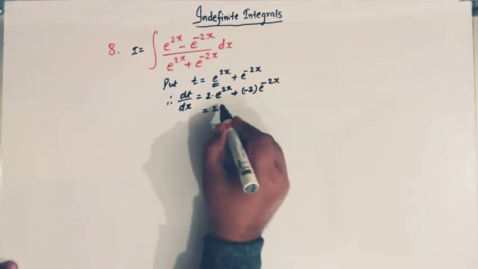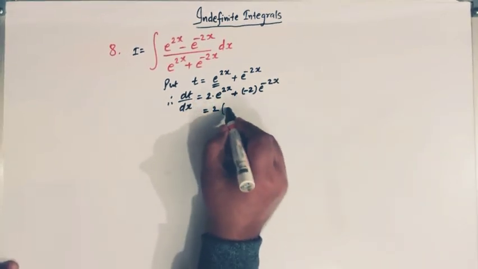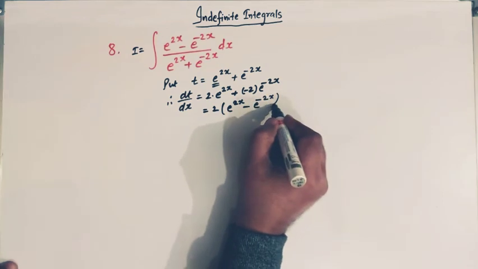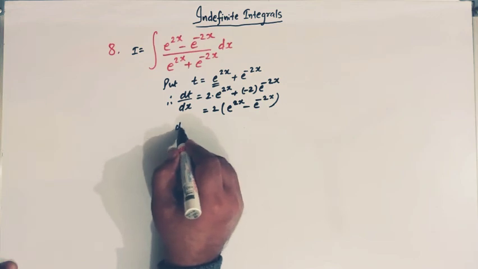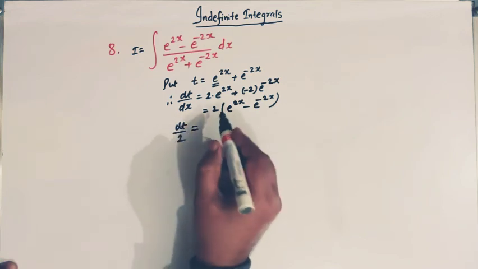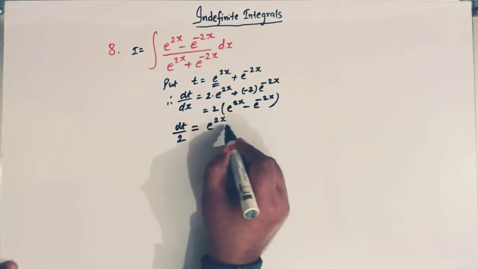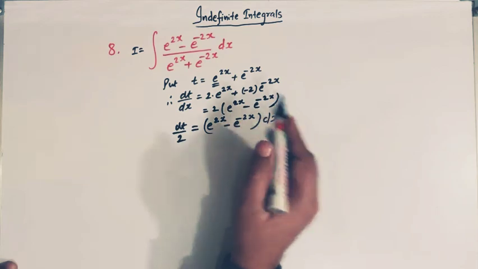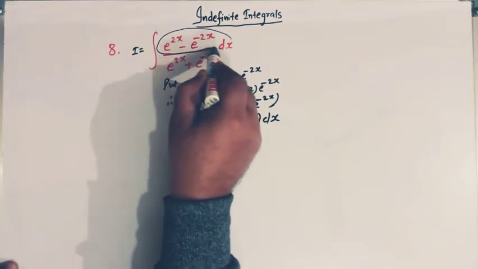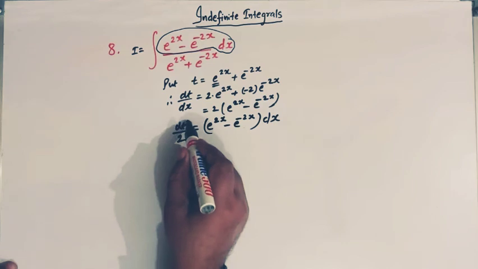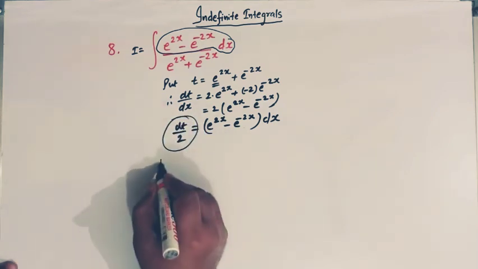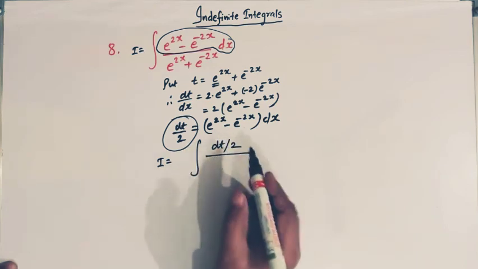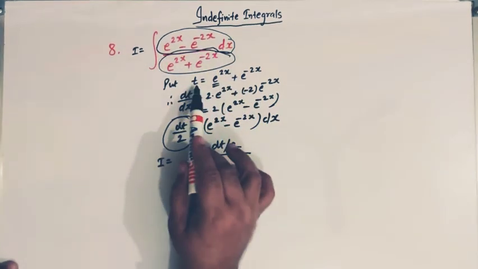Taking 2 common, we have e^(2x) - e^(-2x). So now dt divided by 2 is equal to (e^(2x) - e^(-2x)) dx. So for this term we can write dt over 2, and for the denominator we can write t.